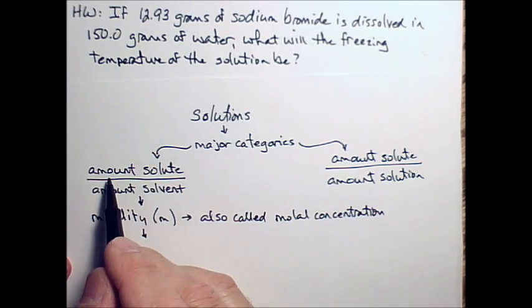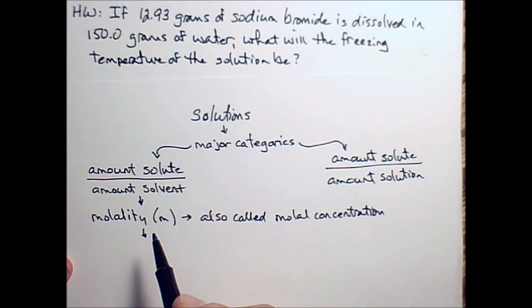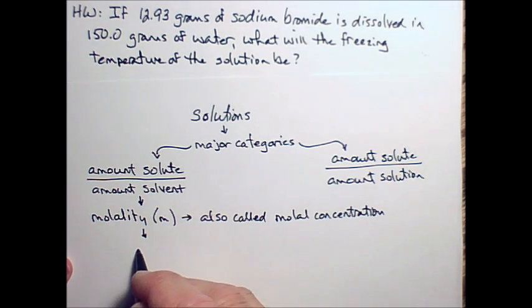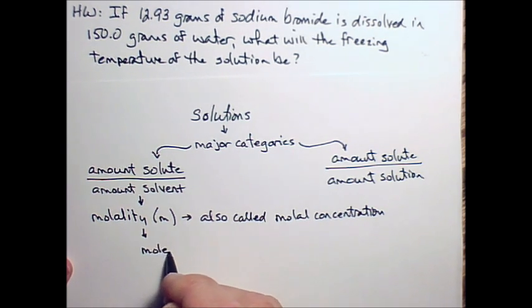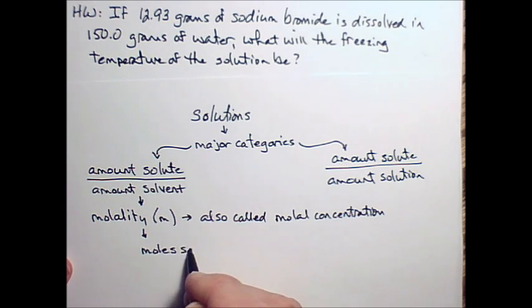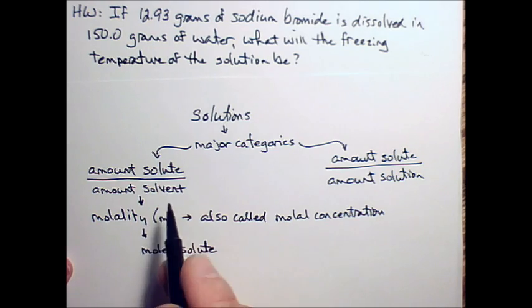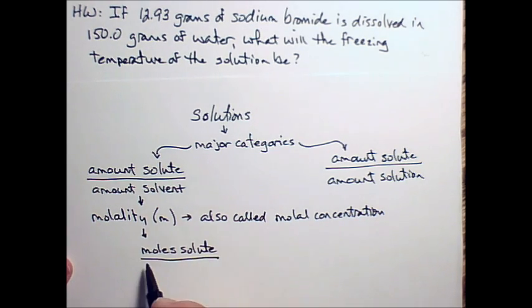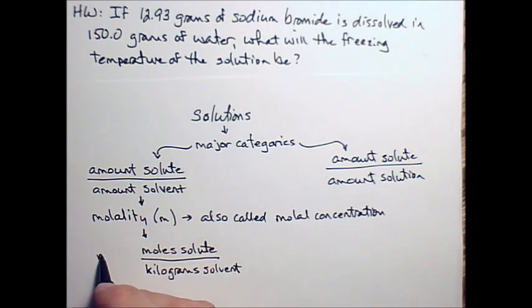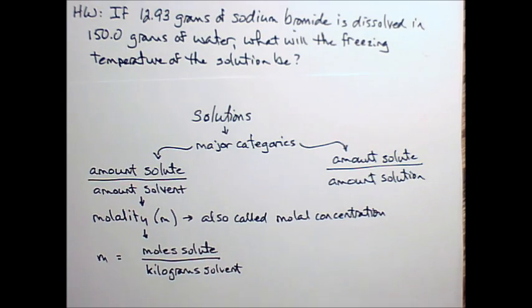And the way that we write the amount of solute in molality is moles of solute. And the way that we write the amount of solvent in molality is the kilograms of solvent. So molality is moles of solute over kilograms of solvent.